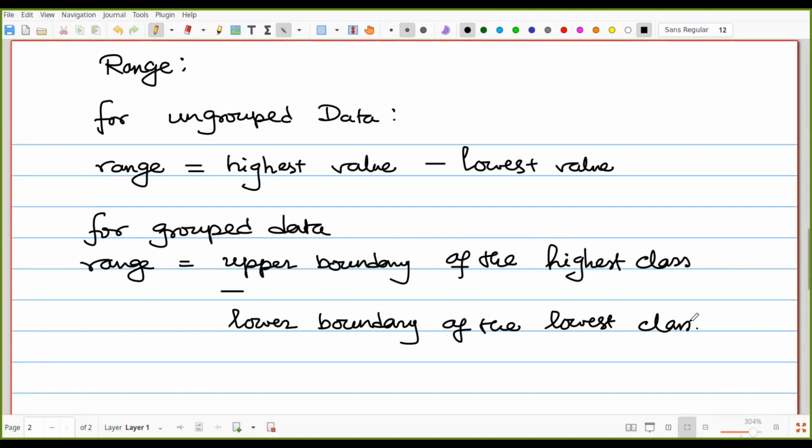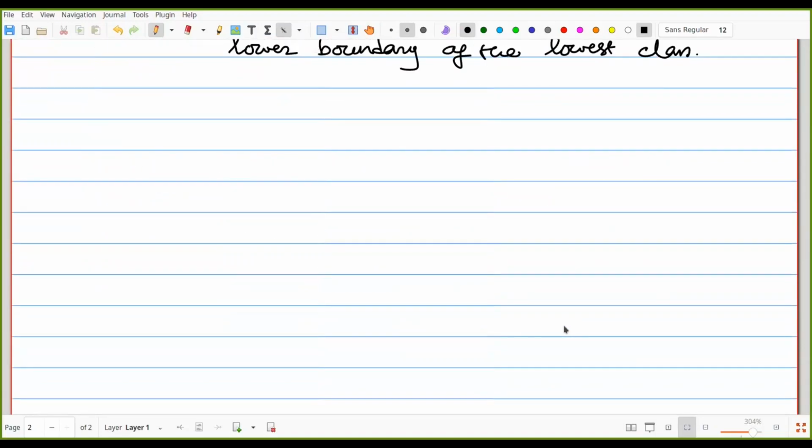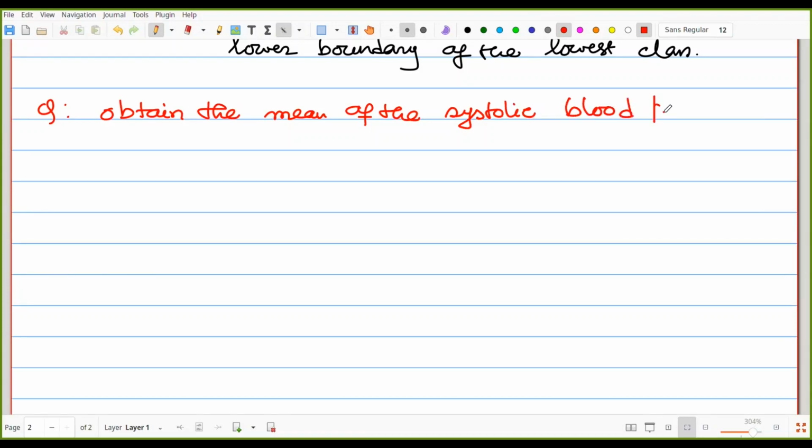Let us check with some examples. Suppose we have a problem based on the mean. The question was like this: obtain the mean of the systolic blood pressure, given in millimeters of Hg, of 9 workers in a factory.